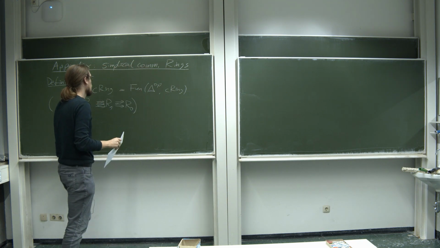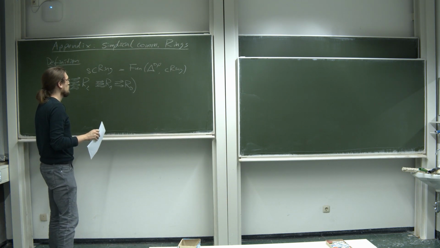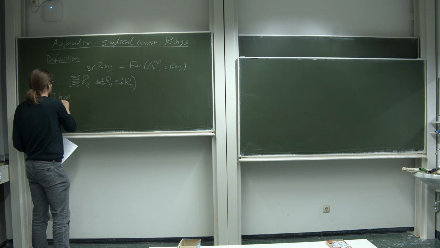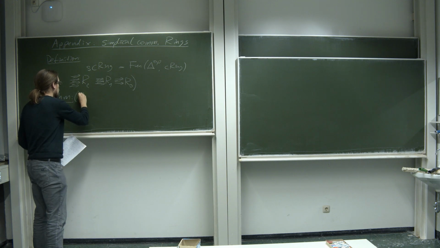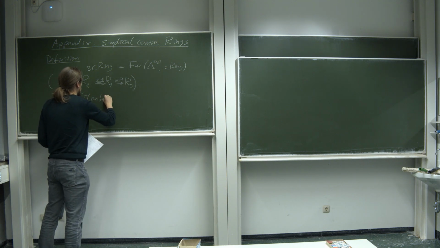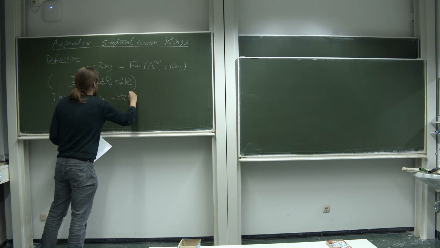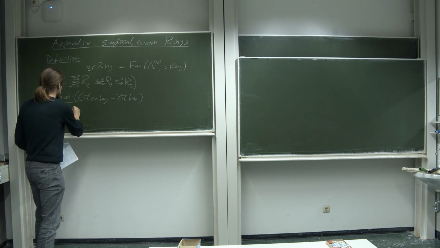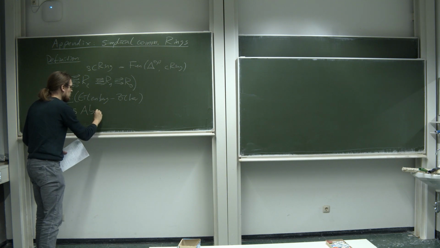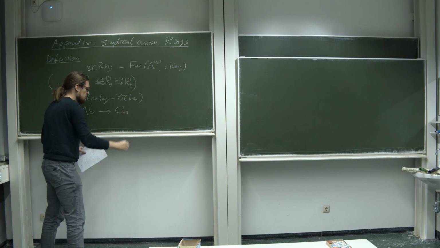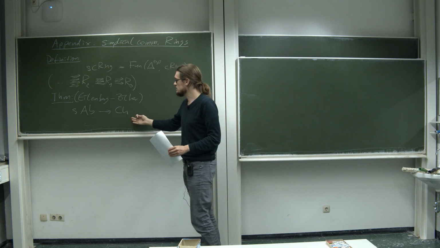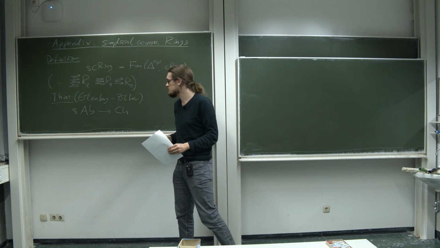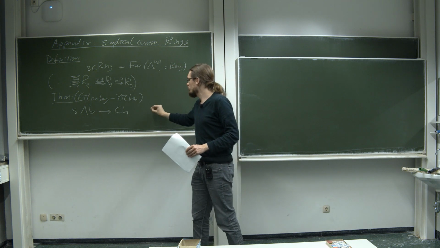So the Eilenberg-Zilber theorem tells you that the functor that assigns to a simplicial abelian group the chain complex with differential given by the alternating sum of boundary maps is actually lax symmetric monoidal.